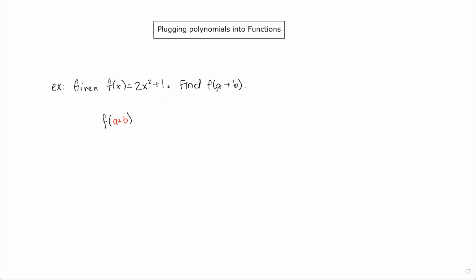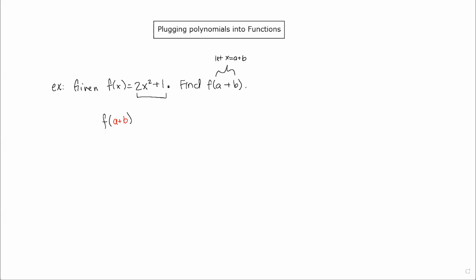I know that if I'm plugging a plus b into f, well, that means that wherever I see my input x inside of my function f of x here, then I'm just going to replace that input x with a plus b, because this is pretty much like saying let x equal a plus b. And doing that, we're going to replace everywhere we see an x in this function with a plus b. So my f of x turned into f of a plus b.